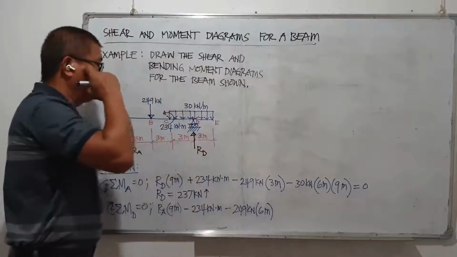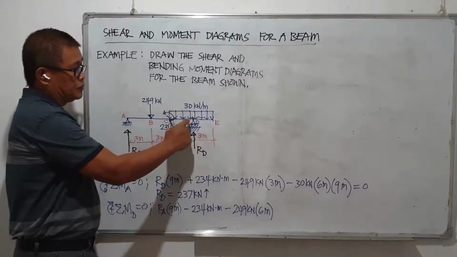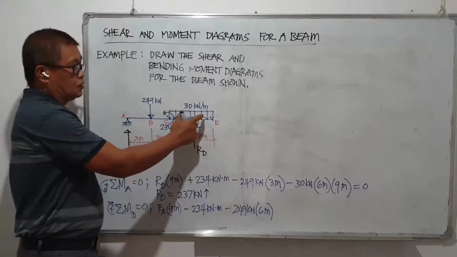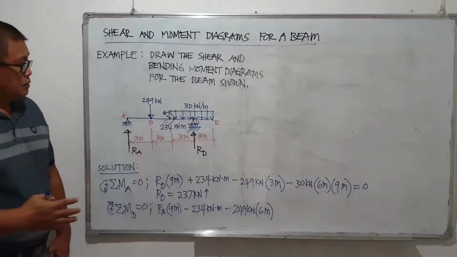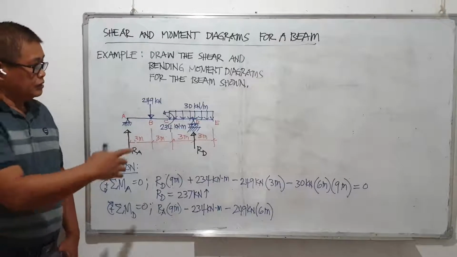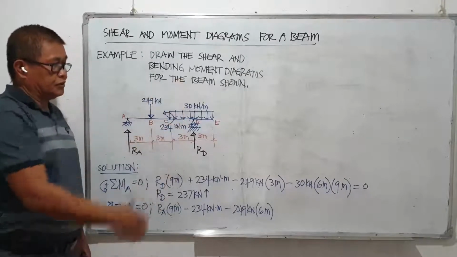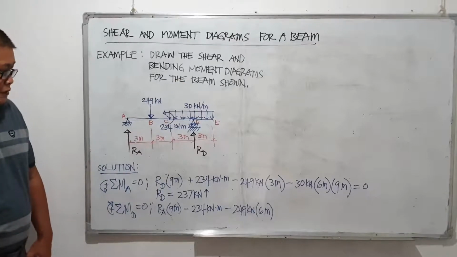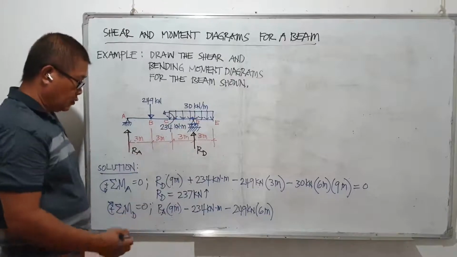The uniform load of 30 will not have any moment as far as point B is concerned, because the centroid of this uniform loading is located at point E. The moment arm is 0, so it will not have any effect on the moment summation at point B, meaning that its moment is also equal to 0.